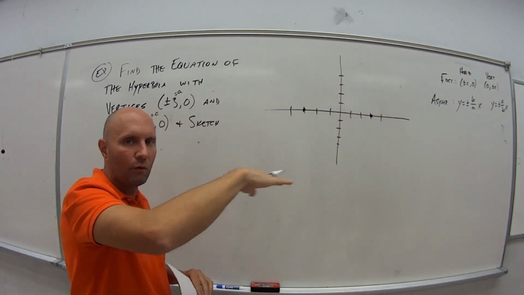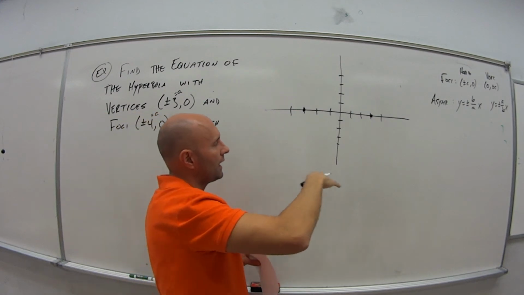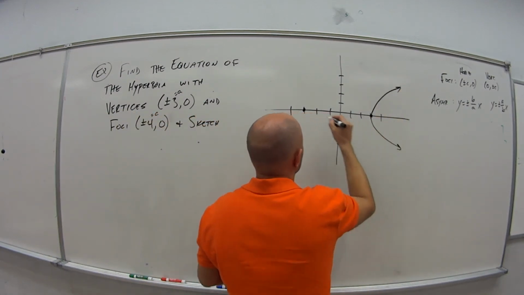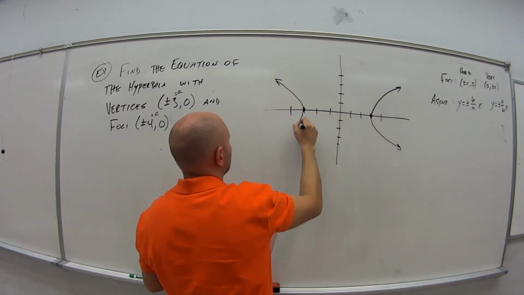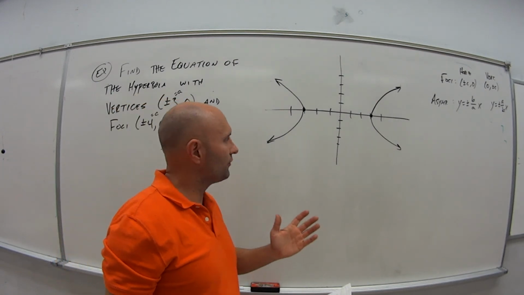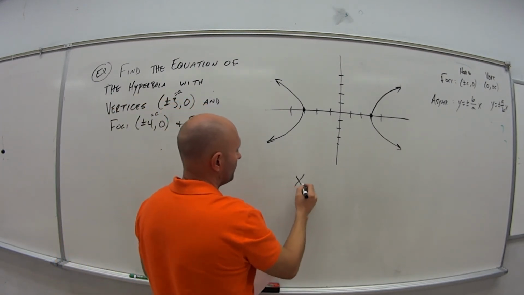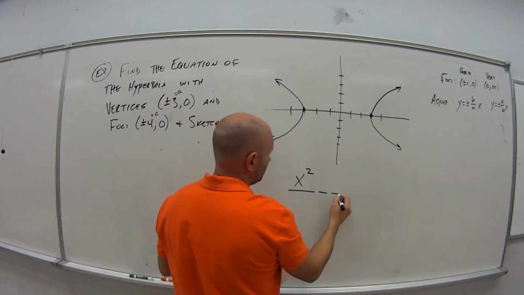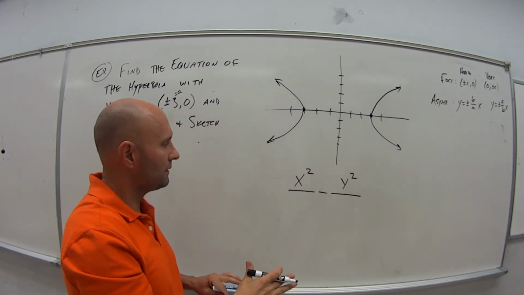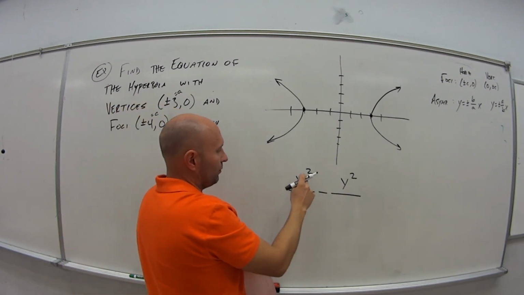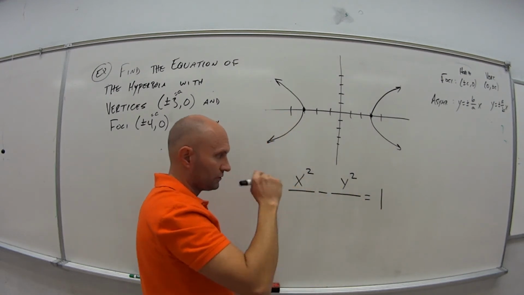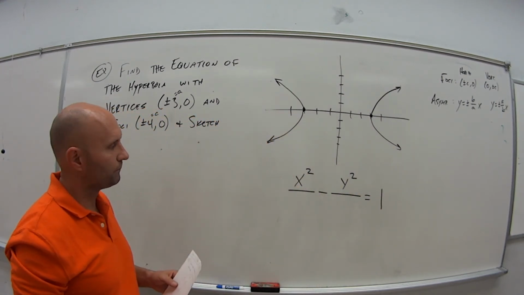So we already know this is a horizontal hyperbola, so we're going to have a parabola going this way and a parabola going that way. Because it's horizontal, I know it's going to be x squared minus y squared. I don't know the values that go in the bottom yet. It's minus because it's a hyperbola, and x squared comes first because it's horizontal. And this all equals 1.